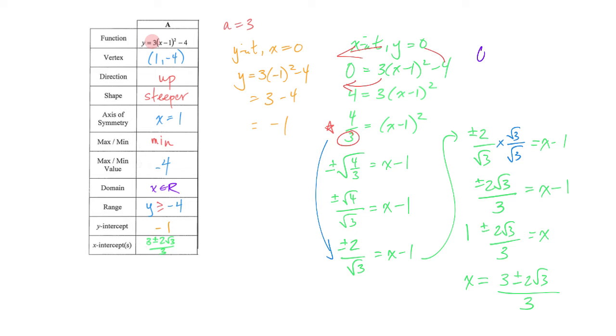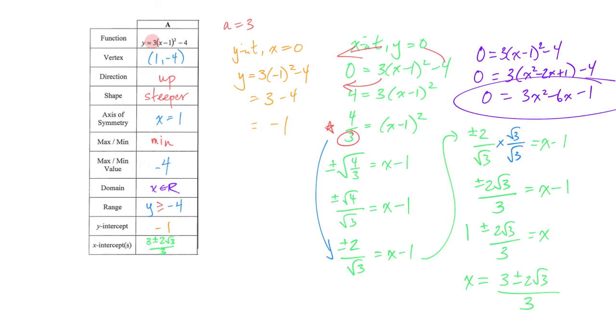I think it would be better to just expand my brackets, collect like terms, and use quadratic formula to solve for my x-intercepts. Okay, something to keep in mind. I don't care how you solve for it. Our job now is to be perfect.